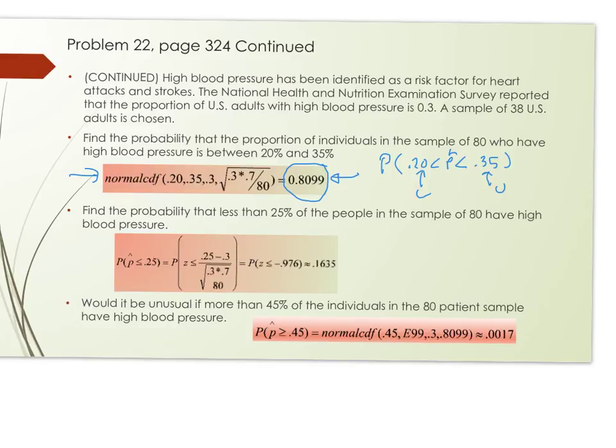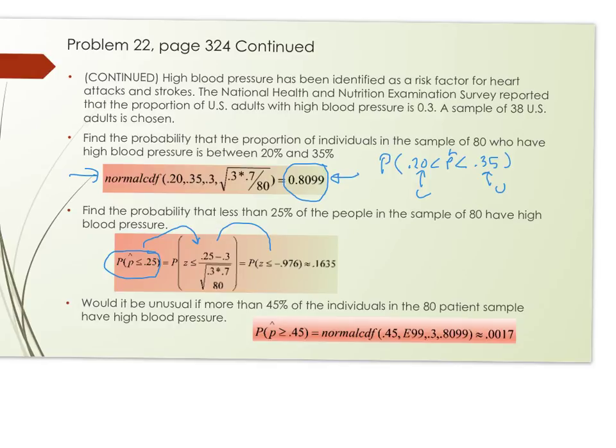The next question is, find the probability that less than 25% of the people in this sample have high blood pressure. So here is our probability statement: p hat is less than or equal to 0.25. We change it to a z value: the probability that z is less than 0.25 minus 0.3, divided by the standard error, the square root of 0.3 times 0.7 divided by 80.